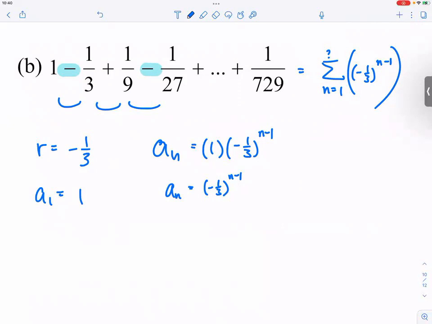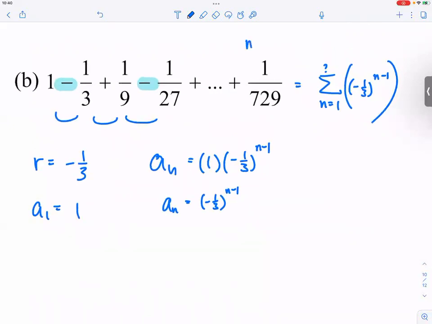How are we going to find out what term it is when it is 1/729? Now, let me ask you a question. Is the n going to be an odd number or even number? It'll be what?